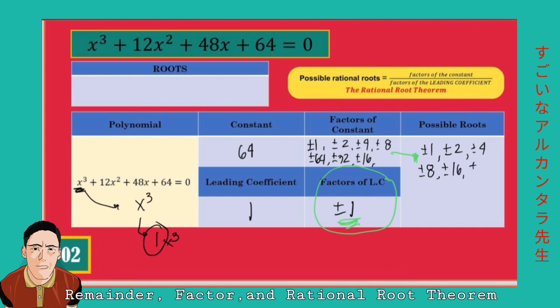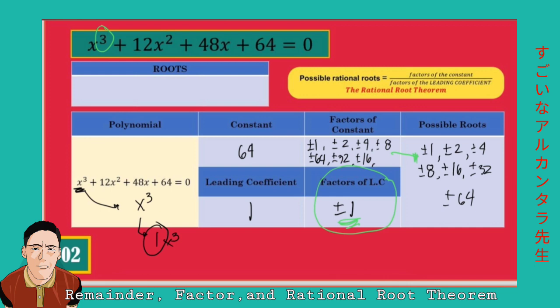So now again, what I said earlier, you can now start substituting all of them if you want to. But here's the trick. Only one of them will give you 0. But again, you're expected to have 3 roots here. Now, disclaimer. In the examples that you're seeing right now, we're just dealing with rational roots because that's the focus of the lesson.